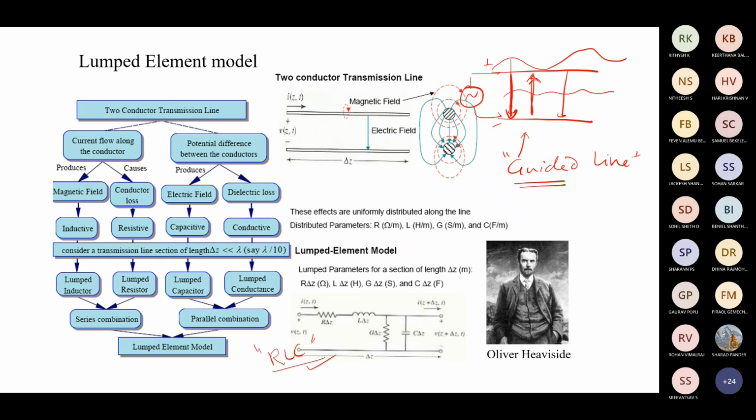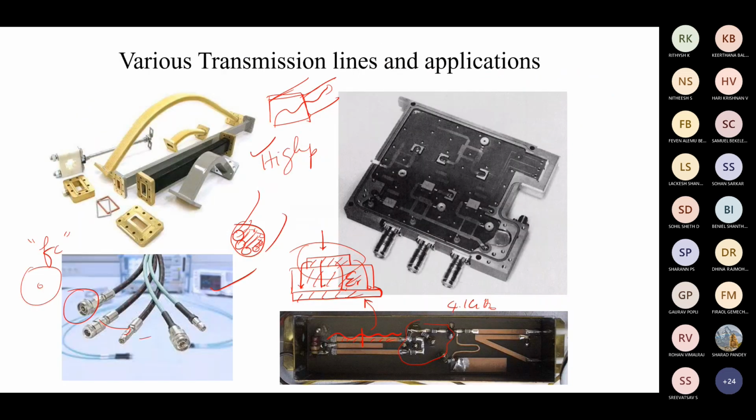So that is what we call guided lines, and we have so many guided lines or transmission lines, and not only this, actually different types of transmission lines are also available.